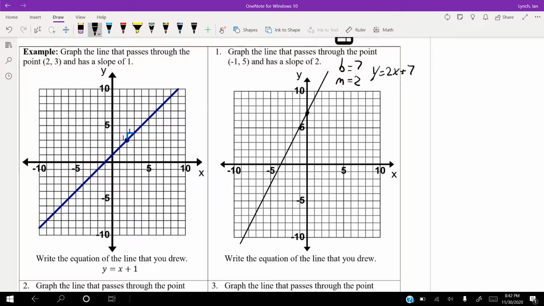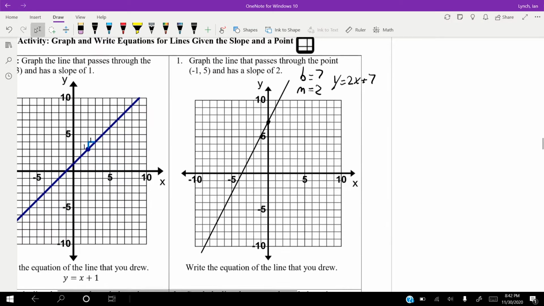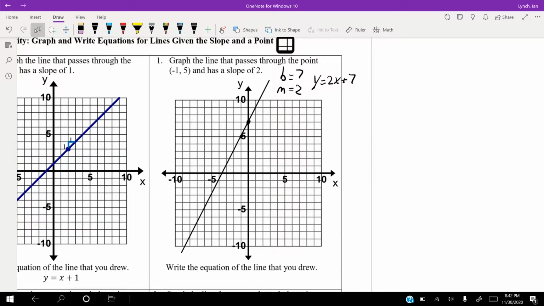Now the other way to do this, guys, and I wouldn't say it's the easier way, but another way to do it is we just plug it into our equation. So far we know our equation is y equals 2x plus some b. So I'm going to take this 5, I'm going to plug it in for my y value, because that's my y value in that coordinate pair.